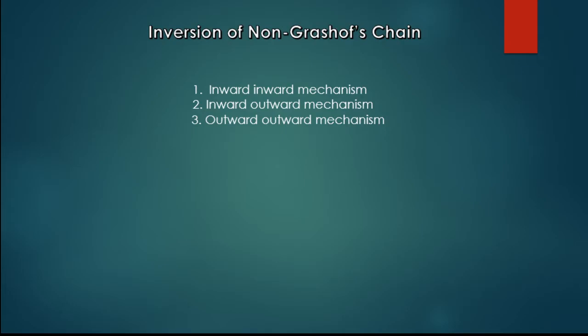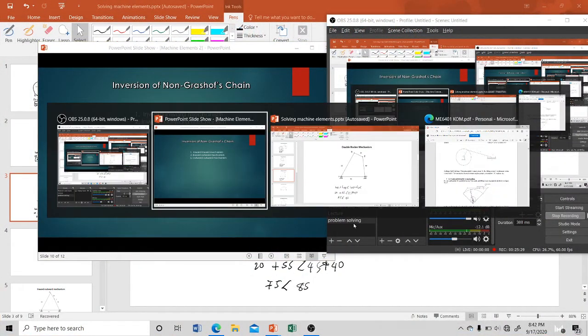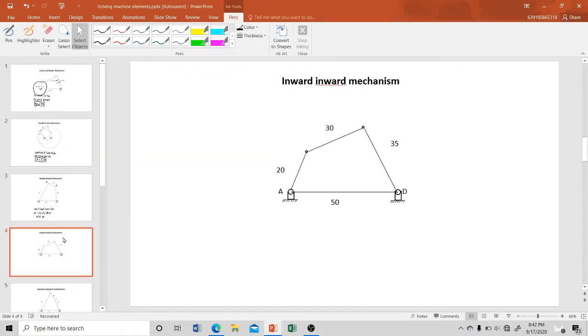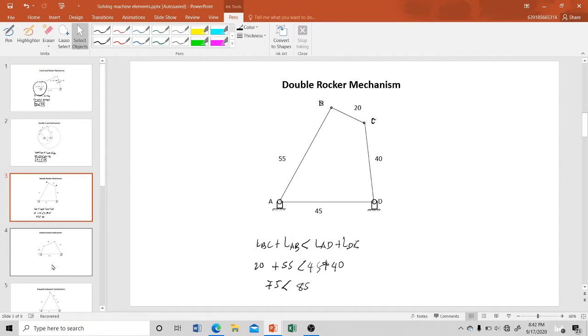So these are the examples of the non-Grashof chains, the mechanisms. So ato i-inspect kung non-Grashofs ba siya. So we have these illustrations.